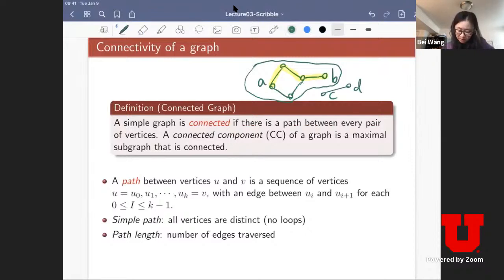So for example, let me draw a new graph.